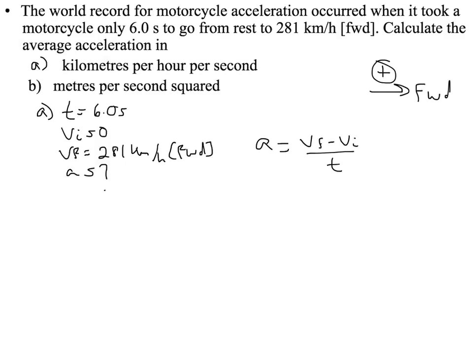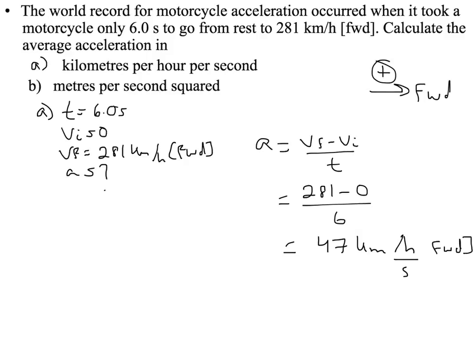We plug our numbers in. We get a VF of 281 minus 0 divided by 6. And our acceleration is 47 kilometers per hour per second. And this needs a direction since this is a vector quantity, so we would say in the forward direction.